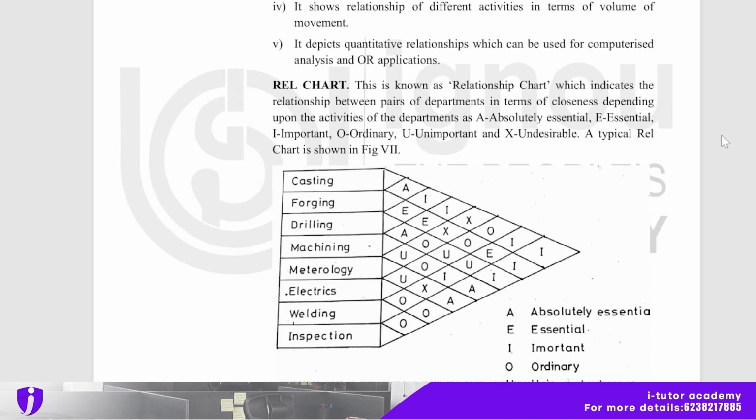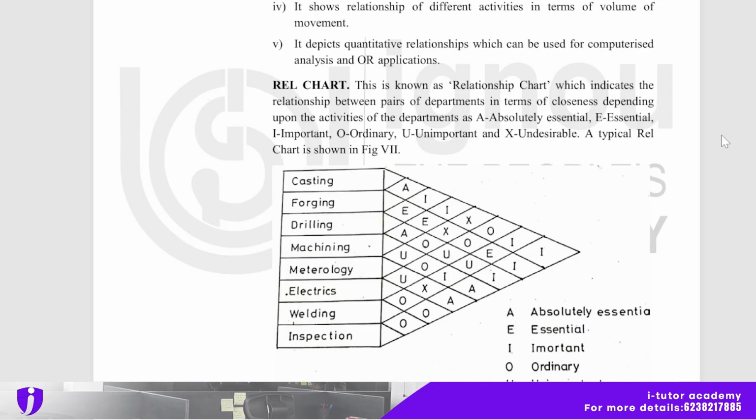Next is REL chart, REL. Okay, this is known as relationship chart, which indicates the relationship between pairs of departments in terms of closeness depending upon the activities of the department as absolutely essential, essential, important, ordinary, unimportant, undesirable, like that.